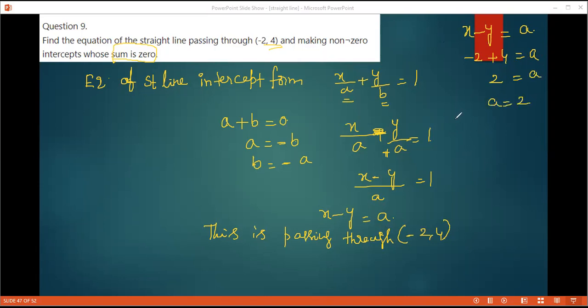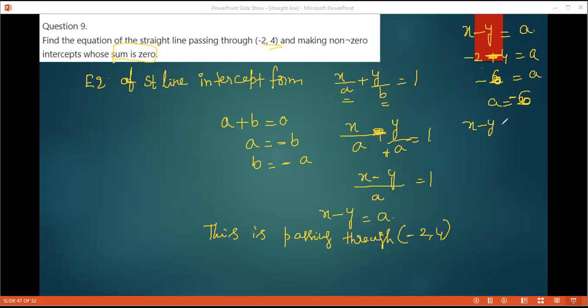Then the required line we can write very easily. X is minus 2 and y is plus 4, sorry, a minus 4, so it becomes minus 6. So a is equal to minus 6, sorry. Then what do we get?